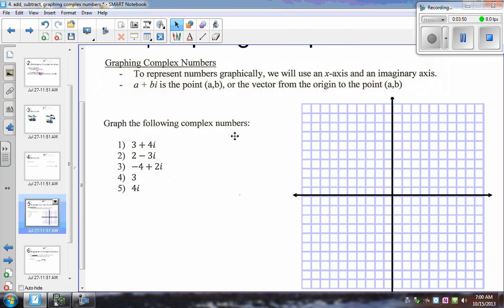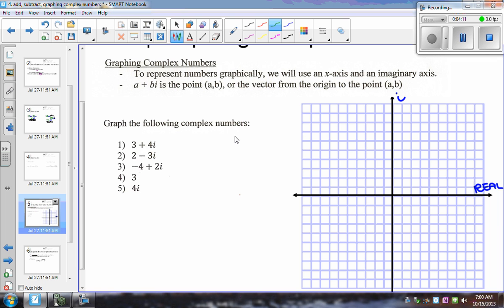Well, for complex numbers and graphing them, the process is almost identical. The difference being, instead of an x and a y axis, we actually have a real axis and the imaginary axis, or an a and a bi axis, if you would. And the way you guys are going to graph these numbers is basically the same way you would graph a point.